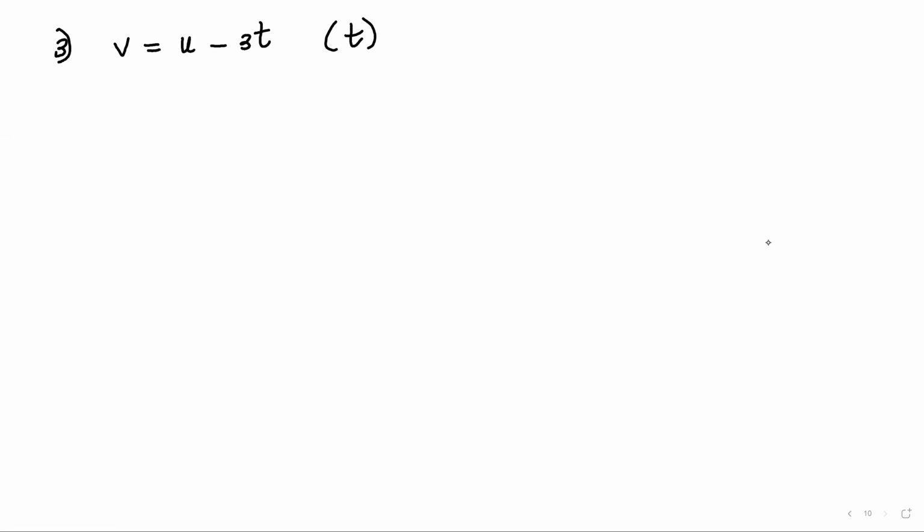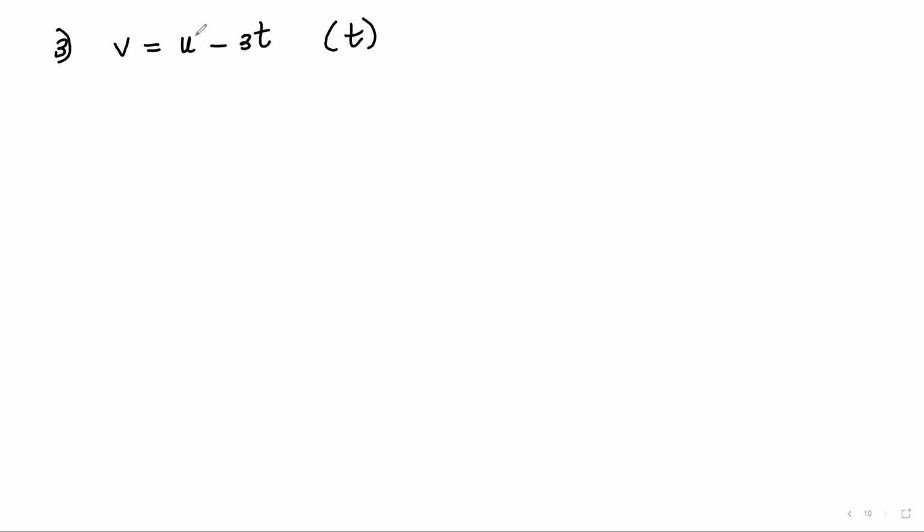The u. Yes. All right. Now this is adding. So when I move it to the other side, it becomes... no, it's adding right now. This minus has to do with 3t, not u.